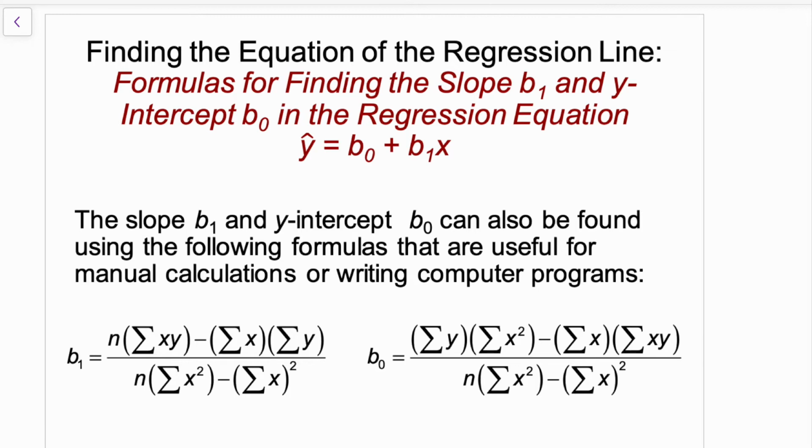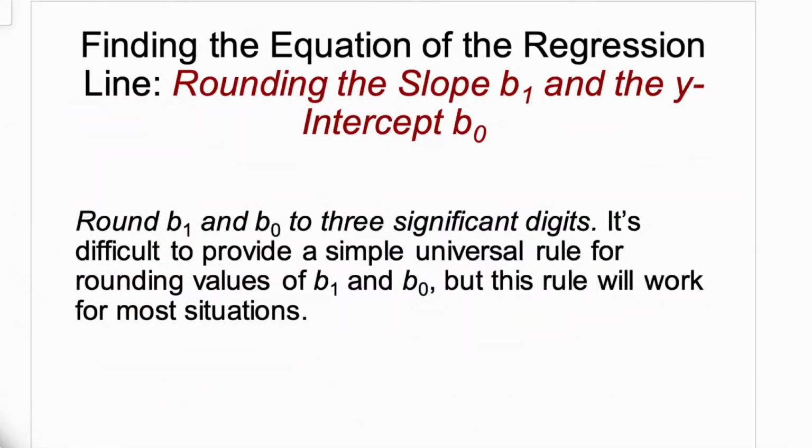Again, we do not want to be intimidated by the length of these formulas. We will use a table, as in the previous section, to help us compute these formulas. What we do want to do is look at the links between the two formulas. For example, we should see the denominators of both of these equations are exactly the same. We want to round both b1 and b0 to 3 significant digits.